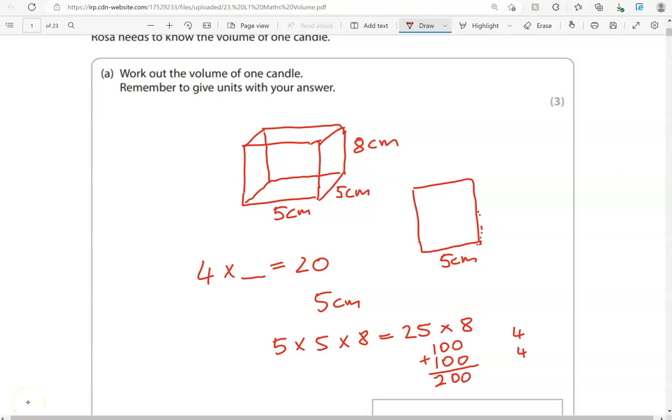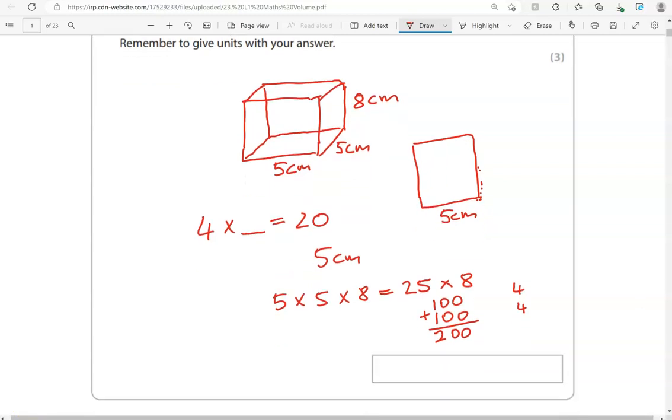You can also use the long multiplication method, which still is going to give you the same answer. So 200 centimeters cubed. Don't forget, we multiply in 3 dimensions: length, width, and height. So it's 3 of them. That's why we have this 3 here, cubic centimeters.